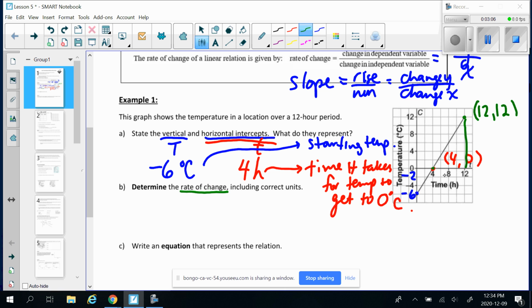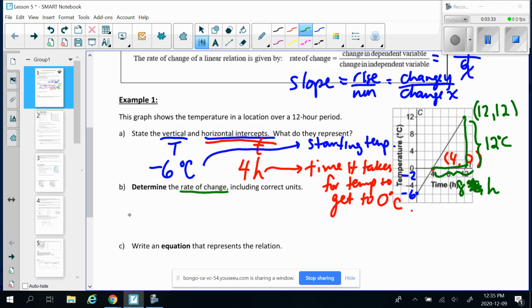If you read your rise and your run here, we're looking at a rise of 12 degrees Celsius. And we are looking at a run of 8 because 12 minus 4 is 8. I know it only looks like 4 boxes, but remember each box is actually worth 2. Oh, not 8 degrees Celsius, 8 hours, because this axis is in hours.